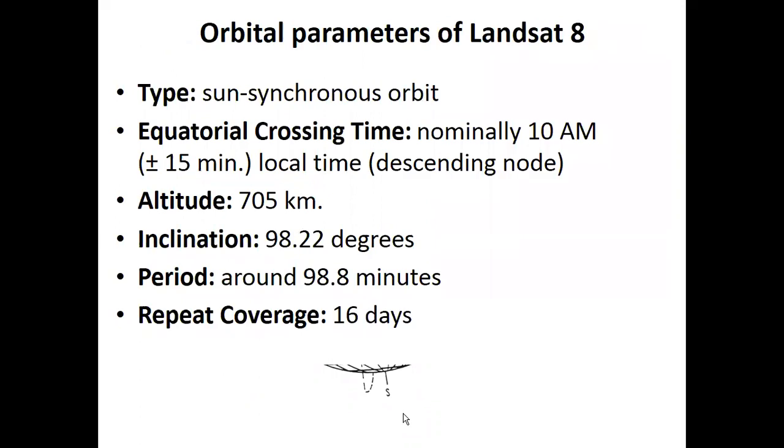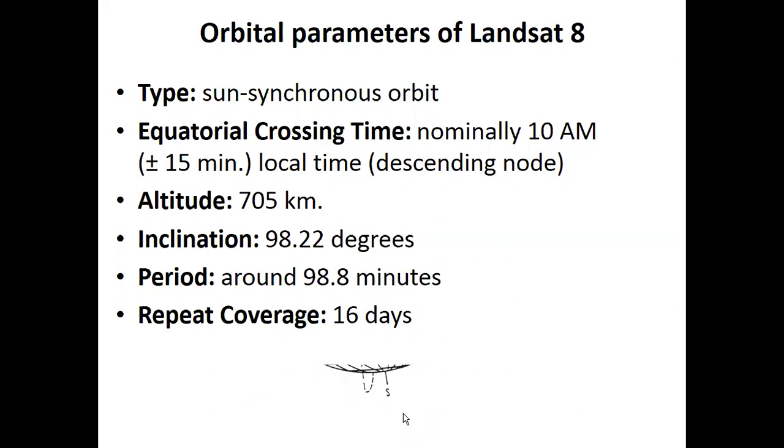For example, these are the orbital parameters for Landsat 8. This is a typical remote sensing satellite, which is located in a sun-synchronous orbit, and the equatorial crossing time is nominally about 10 a.m. This is of course not precise; it could vary a little bit in local time.